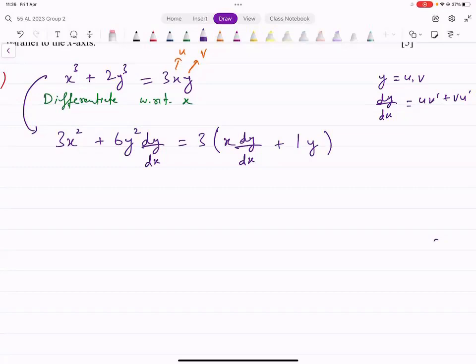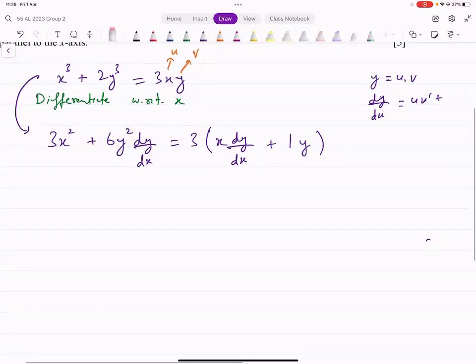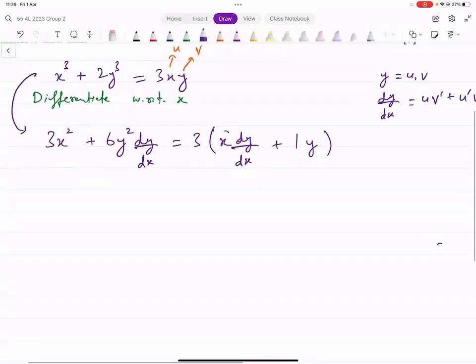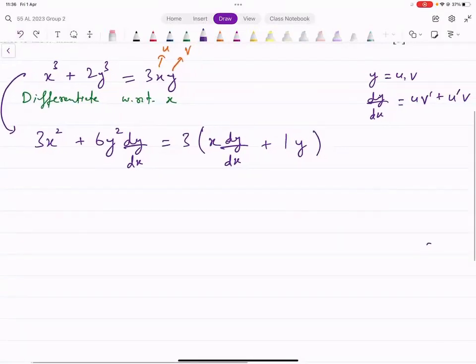Any problems with this? So मैंने इसको उल्टा लिखना है अगर uv dash plus u dash v. So that's what I've done here. U as it is, x वैसे ही आ गया into derivative of y plus derivative of u which is x के derivative 1 होता है into v was y as it is यहाँ पर.